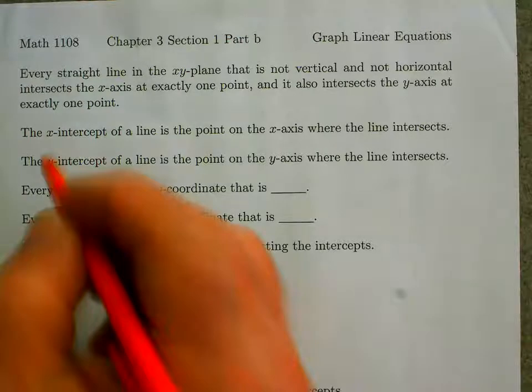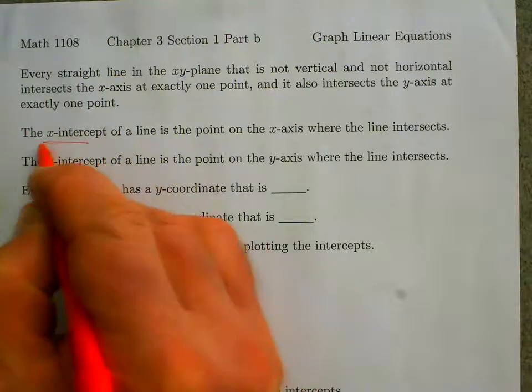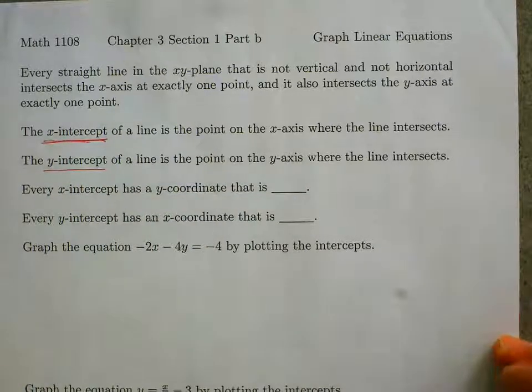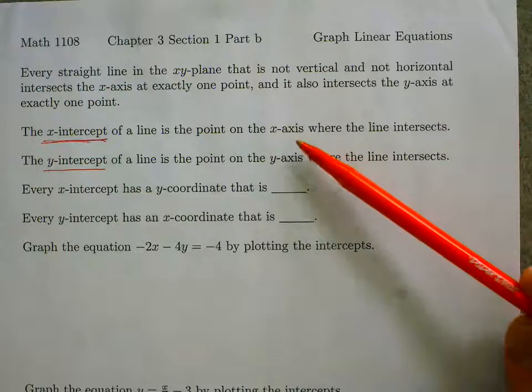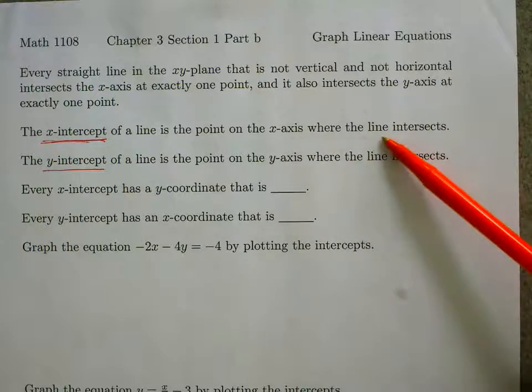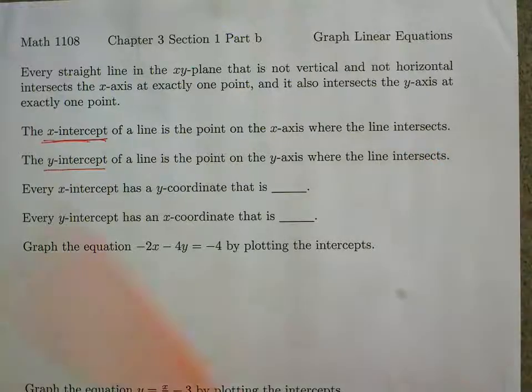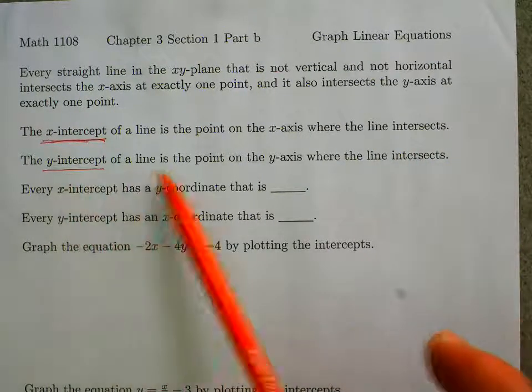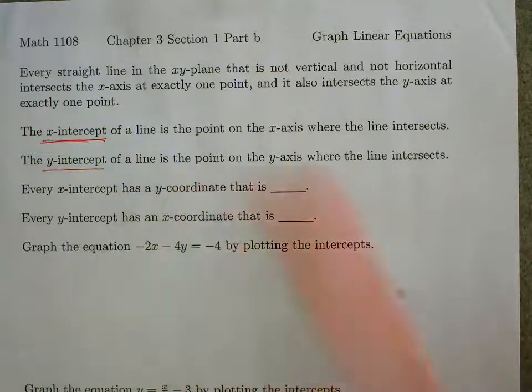So that makes sense. The term itself explains what it is. X-intercept, that's a point on the x-axis where the line touches or crosses or intersects, and then the y-intercept is a point on the y-axis where the line intersects.